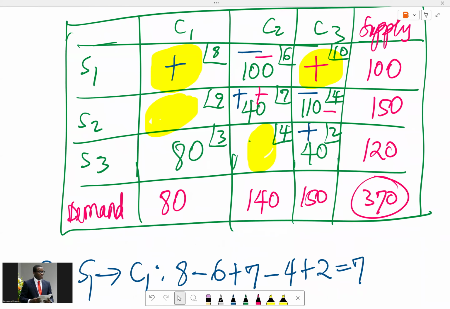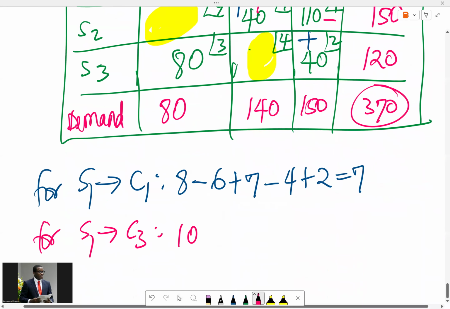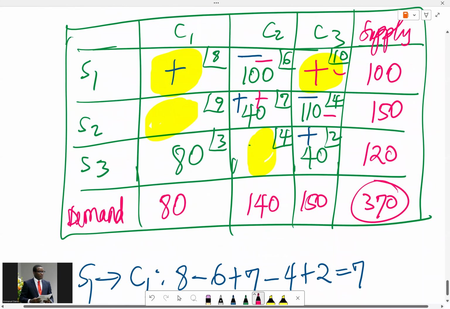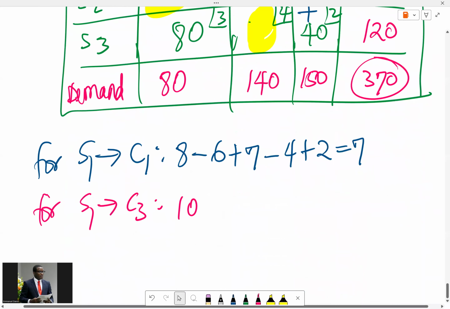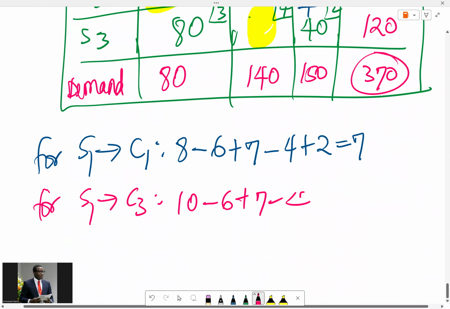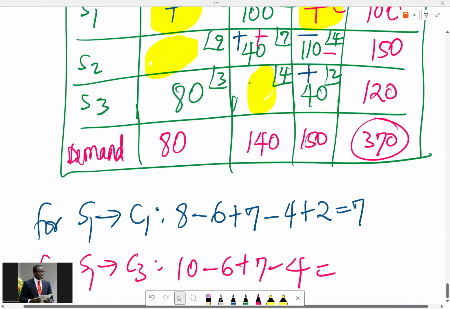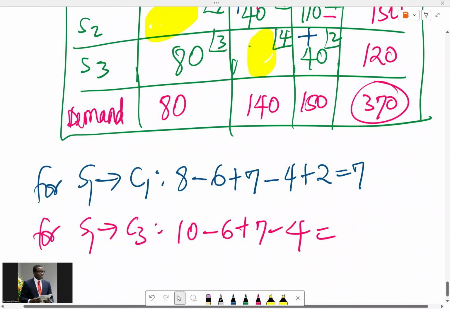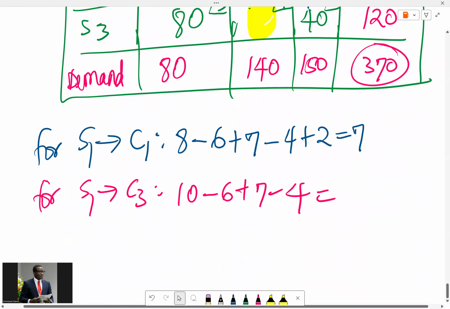That'll be 10 here, minus 6 plus 7 minus 4. So 10 minus 6 is 4. 4 cancels 4, so this also gives us 7.